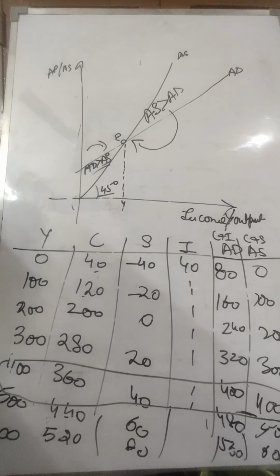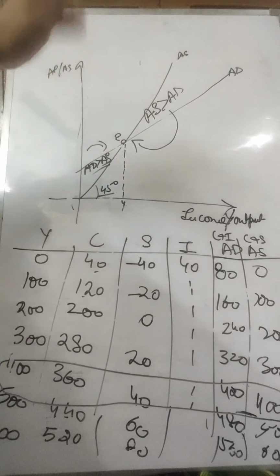Your income will increase. As your income gets on increasing, you will consume more, and your savings will also increase simultaneously. Your average consumption will tend to decline and you will reach equilibrium.